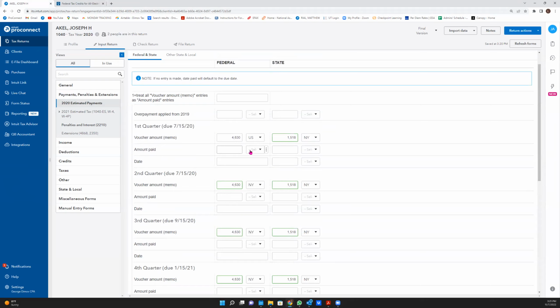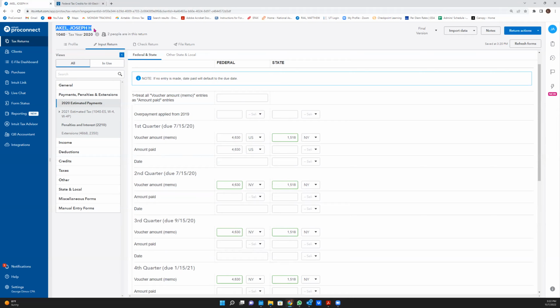Once you know dates and amounts, what you must make sure of is that, let's say if you paid 4630, you don't need to override the date if you paid it timely. If not, you will provide different dates, okay? For federal, you always select US, because this is federal jurisdiction and it will show up in his Form 1040, okay?